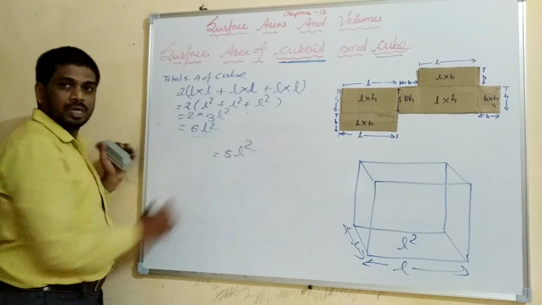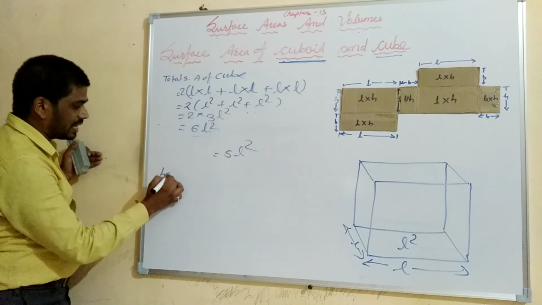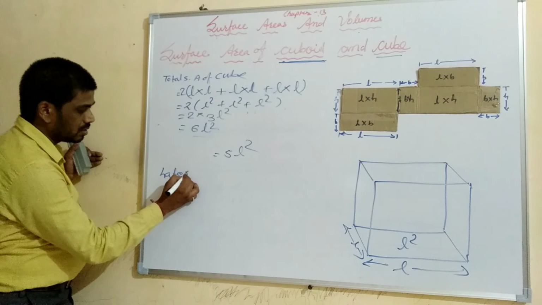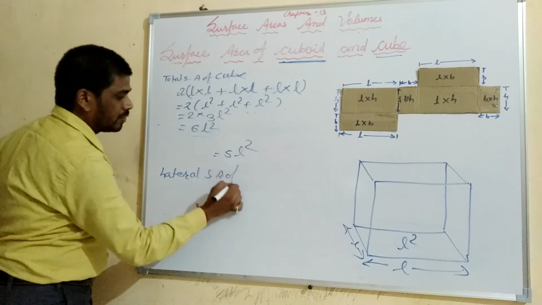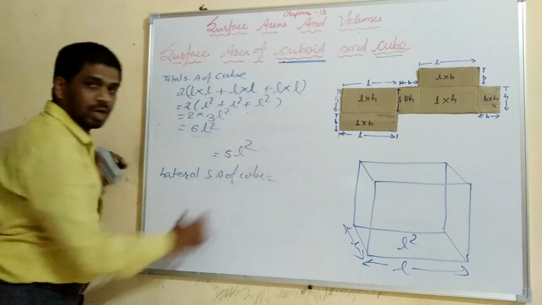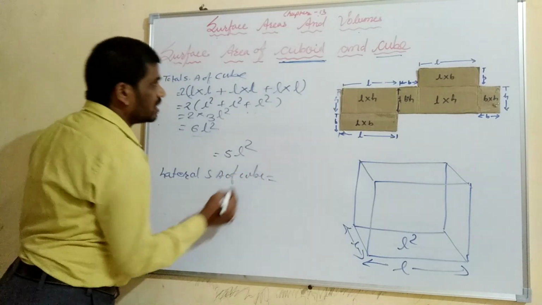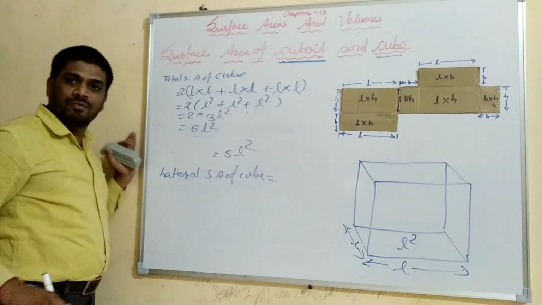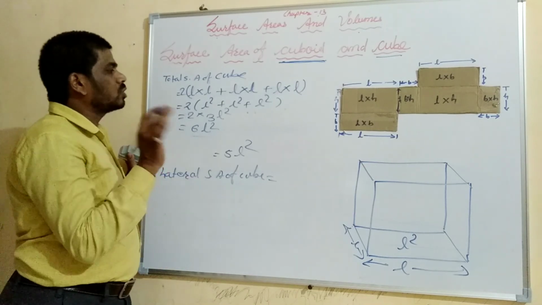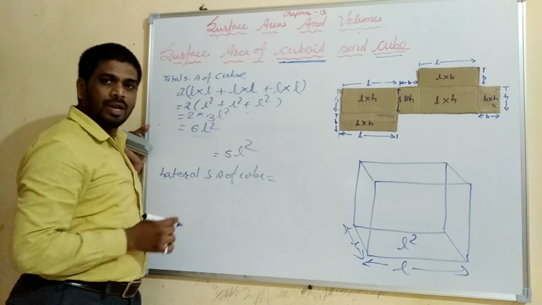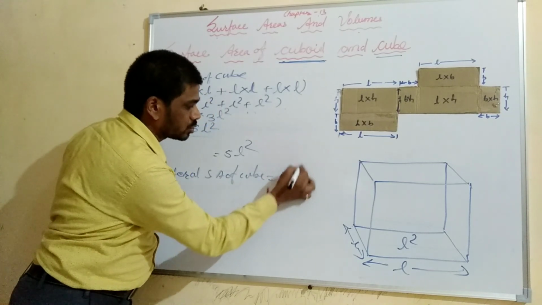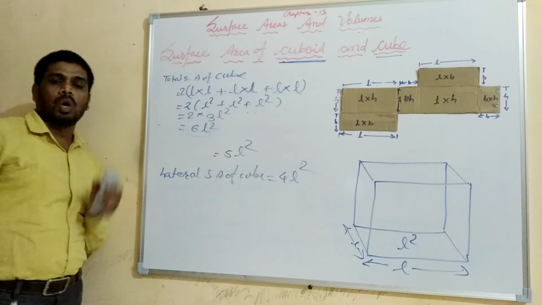And the lateral surface area of a cube is equal to, lateral means top and bottom will not be there. Without top and bottom, the term 2 times L square will not be there, which means 4 times L square will be there.